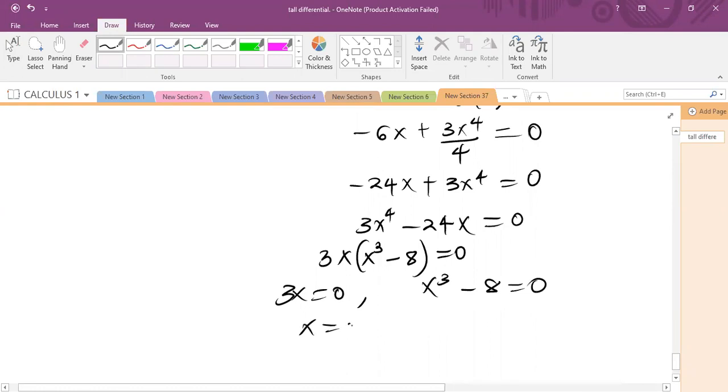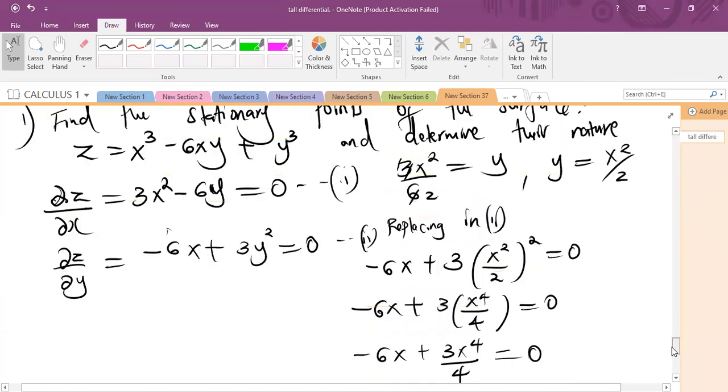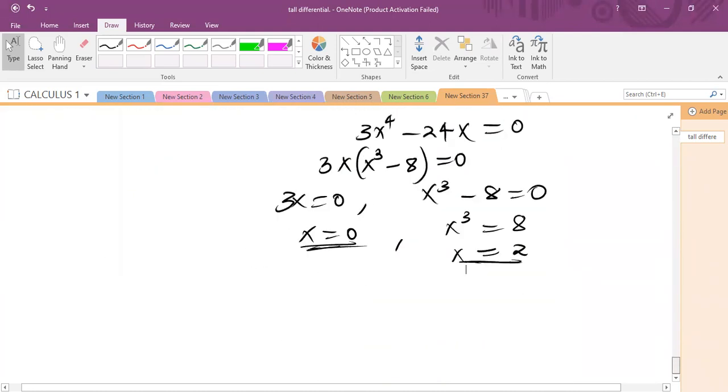So this gives me x is equal to 0 and x cubed is equal to 8, so the value of x is basically equal to 2. So we have these two values of x, then you can get the value of y. Now remember the equation, we said that y is equal to x squared over 2.